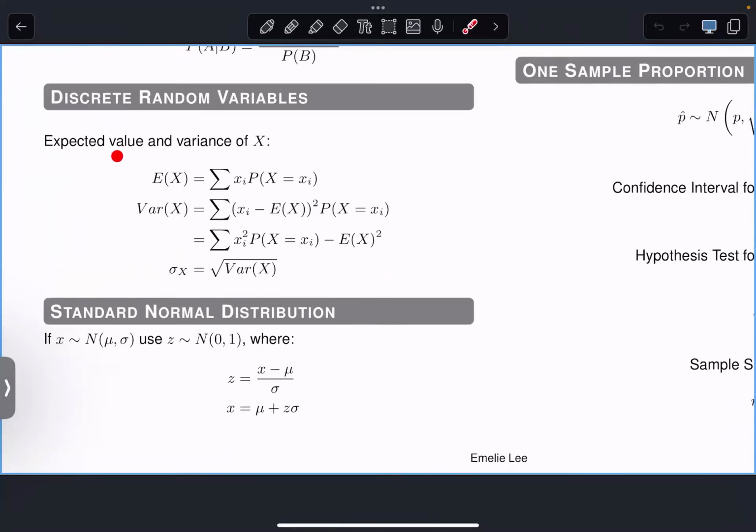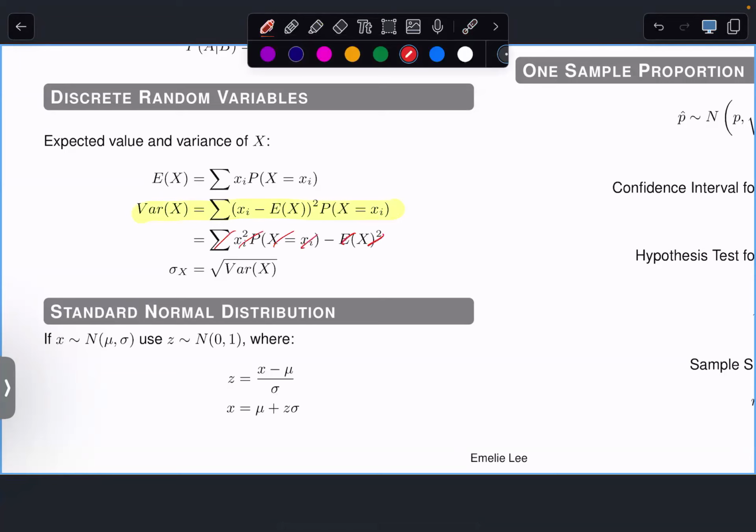The expected value and the variance of X is on here. The expected value of X is each of the X's times the probability of that X happening. Add those all up, right? We saw that already. We use this version of the formula. There is another version that I would probably say you can ignore. We use the first version.